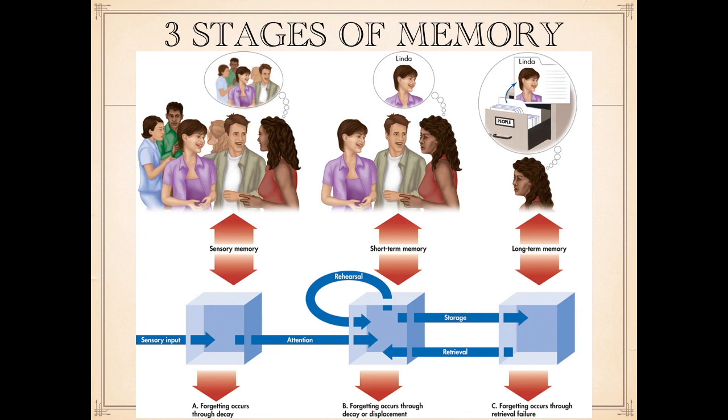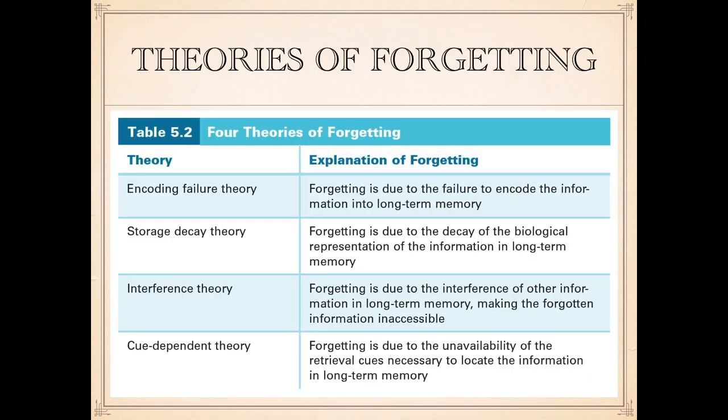As you can see, forgetting can occur at each stage. There are many theories of why we forget, and it's still unclear which one is more robust. But let's discuss what they are, as they all have some validity. The theories of forgetting. Encoding failure theory.